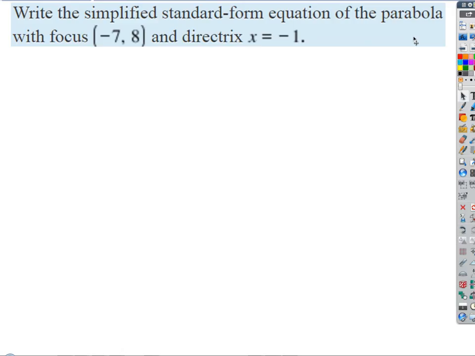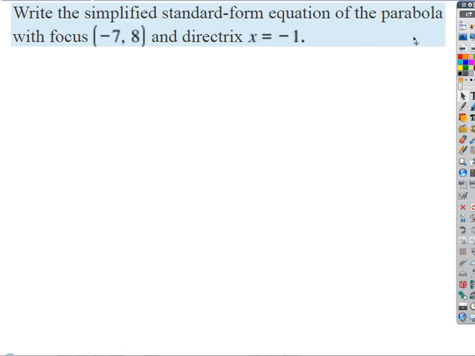Now, P is going to be positive or negative? The parabola is opening in the negative direction. Right, the right would be positive horizontally, and the left is negative. And we can see that here because P goes from the vertex to the focus, right?